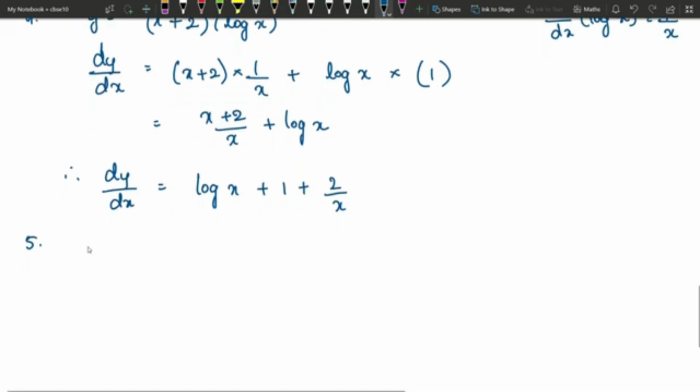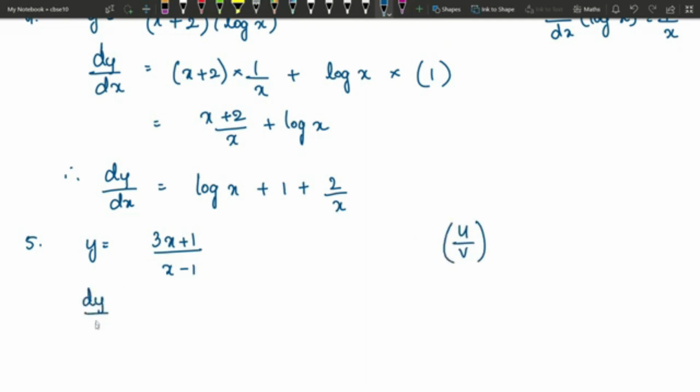Next we will see the quotient rule. y is equal to (3x plus 1) divided by (x minus 1). Okay, so this is a fraction wherein we have it in the form u by v, right? Here the question is of the form u by v. Now what is the derivative of a fraction?